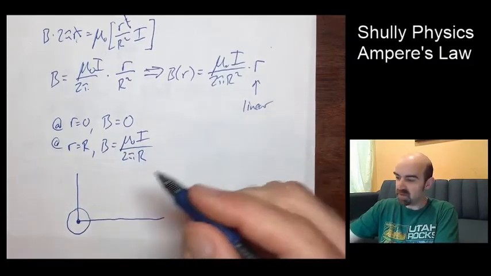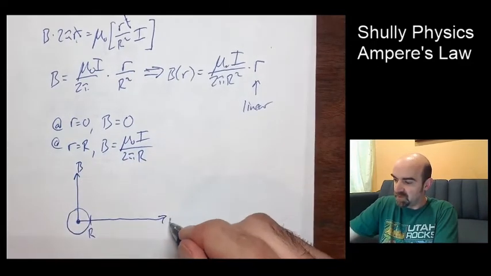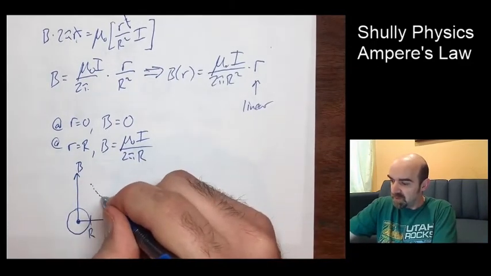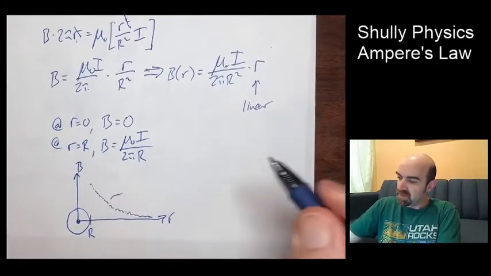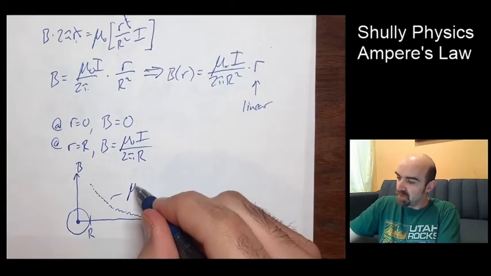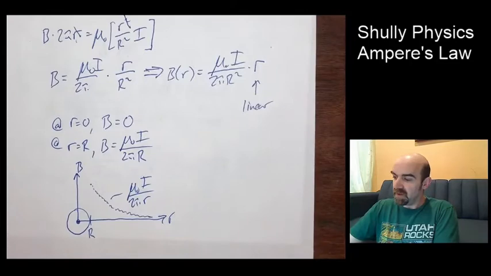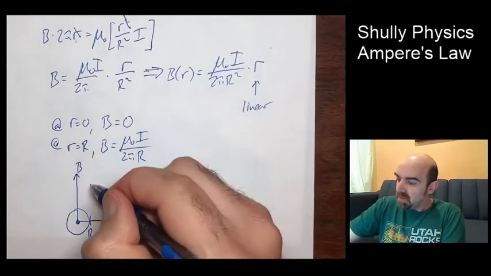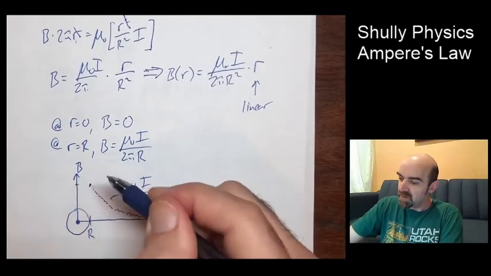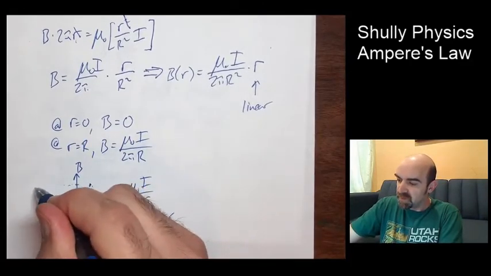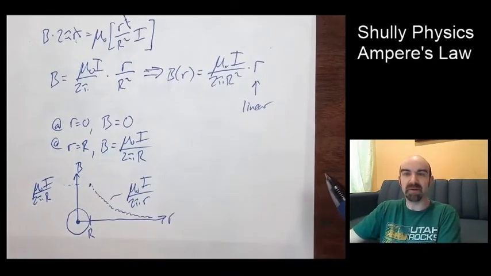This is our current element, radius big R, magnetic field as a function of r, and we'd have the outside function. Now keep in mind this is mu naught I over 2 pi r. But right here at this point, r is equal to big R. So at this point, this is mu naught I over 2 pi big R, whatever that value is.